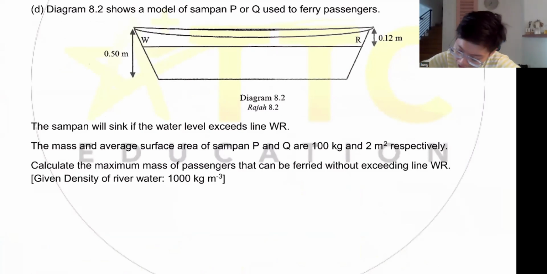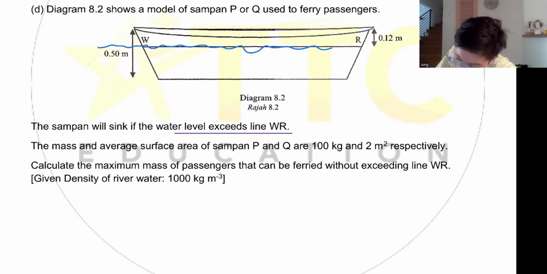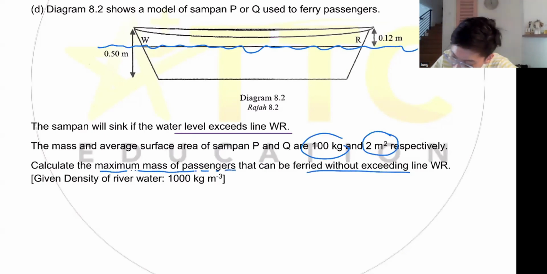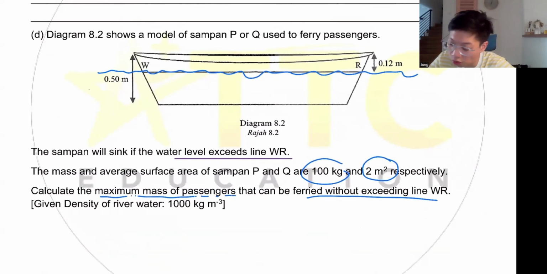The sampan will sink if the water level exceeds line WR, meaning the water can only reach line WR at maximum. The mass and average surface area of the sampan are 100 kg and 2 meter square. Calculate the maximum mass of passengers that can be ferried without exceeding line WR. Density of river water is 1000 kg per meter cube. This is page 22.